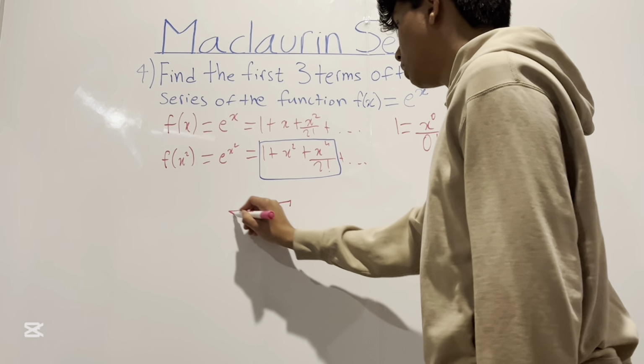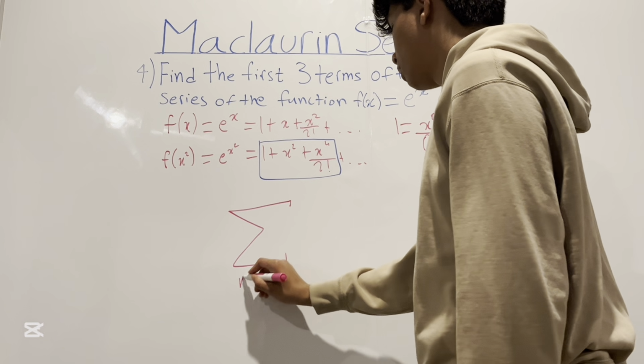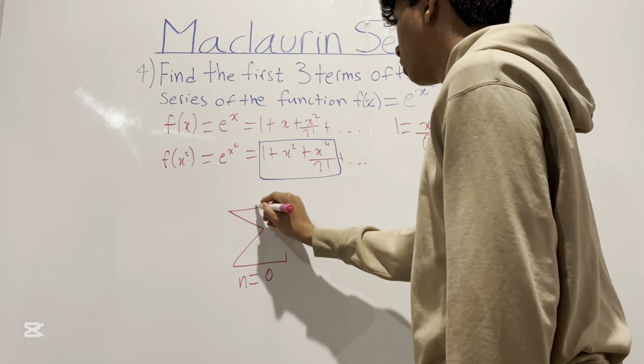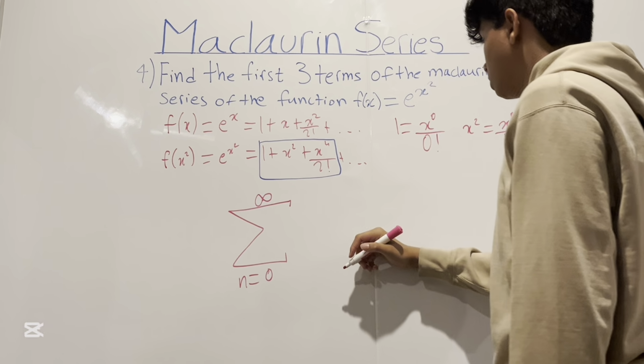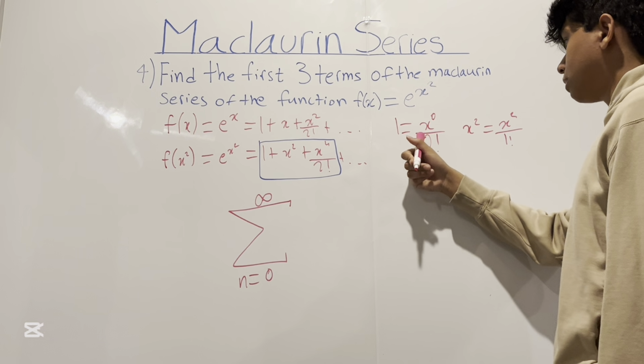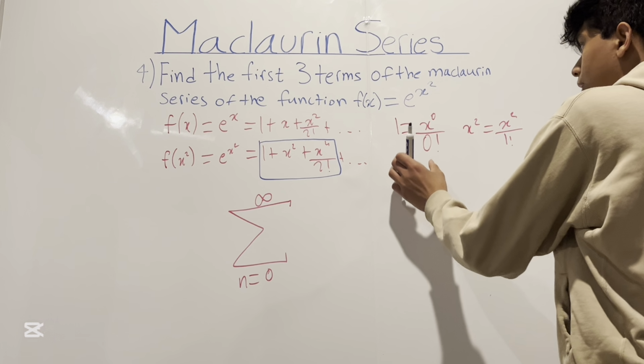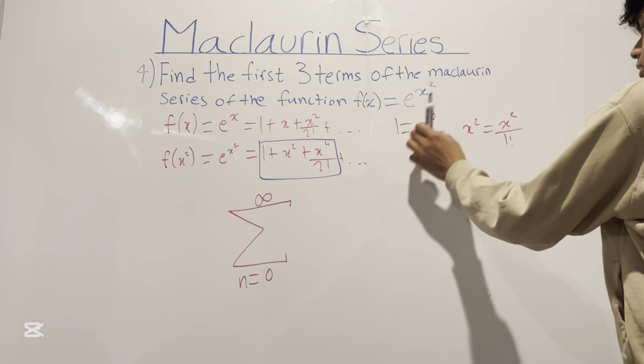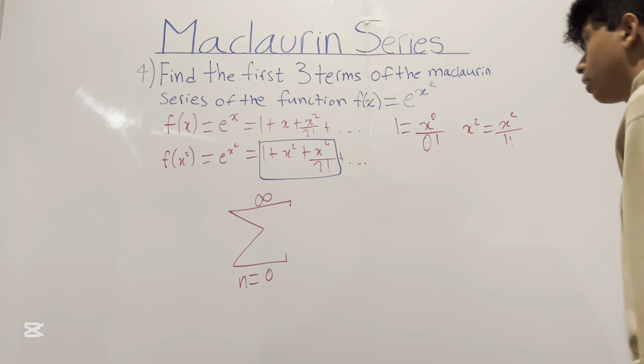So the power series, n is equal to 0, infinite terms. So all we have to do is find, we have two requirements, x to the something divided by something factorial.